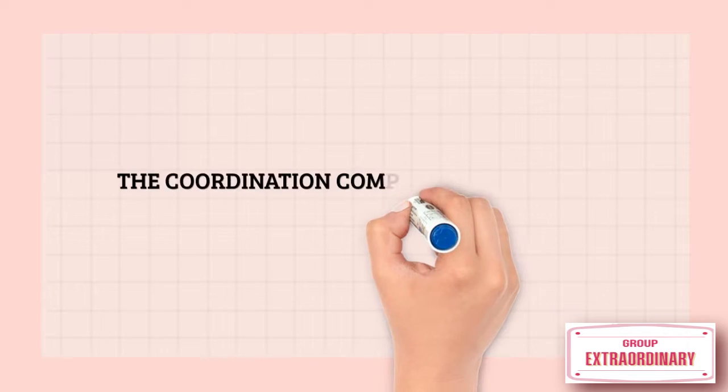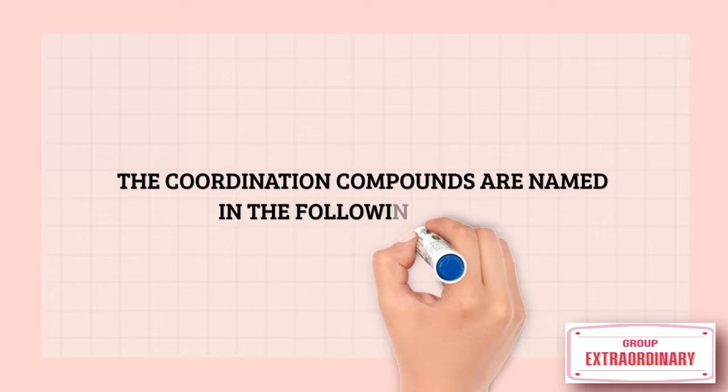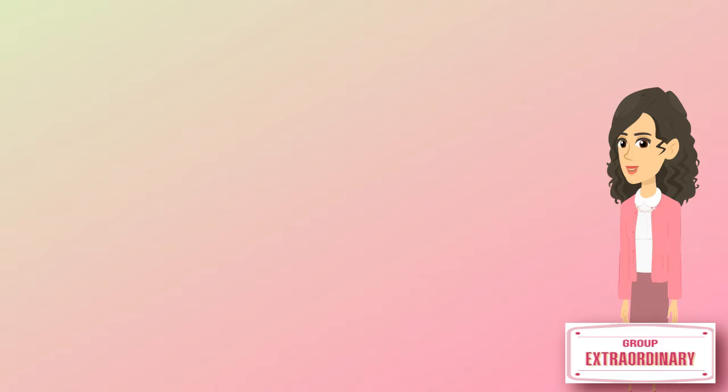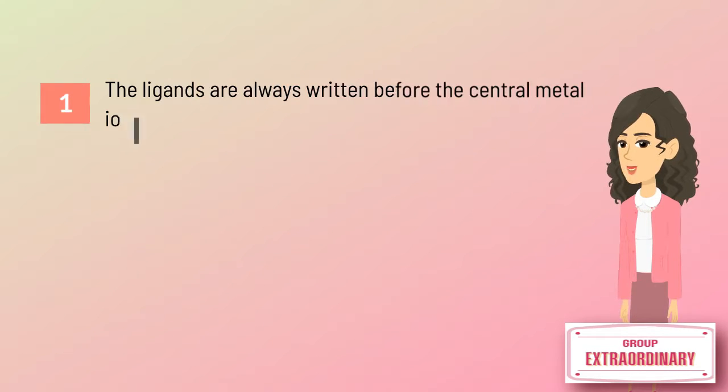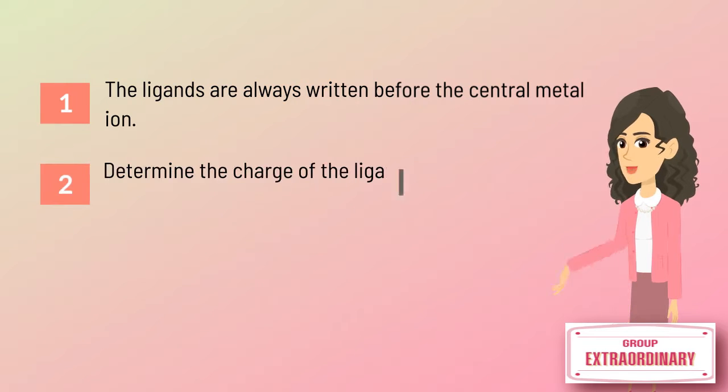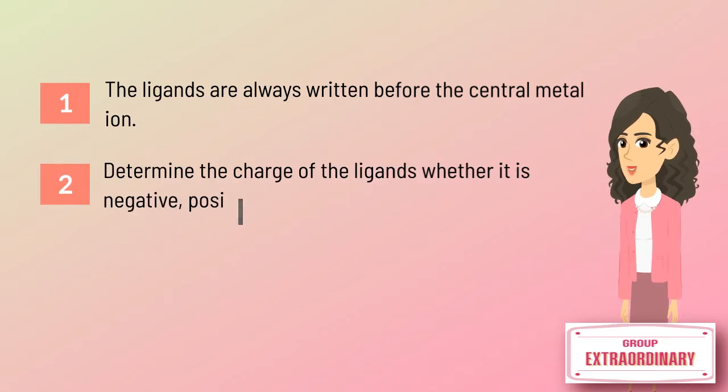The coordination compounds are named in the following rules. Rule number 1. The ligands are always written before the central metal ion. Rule 2. Determine the charge of the ligands, whether it is negative, positive, or neutral. Next, Rule 3.